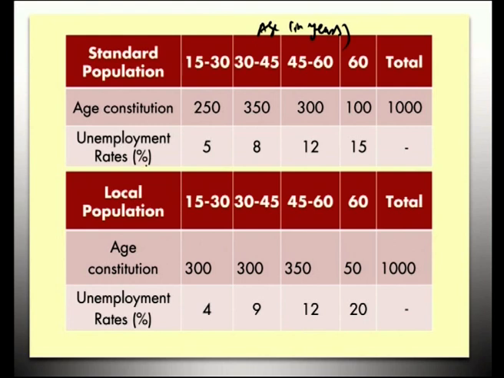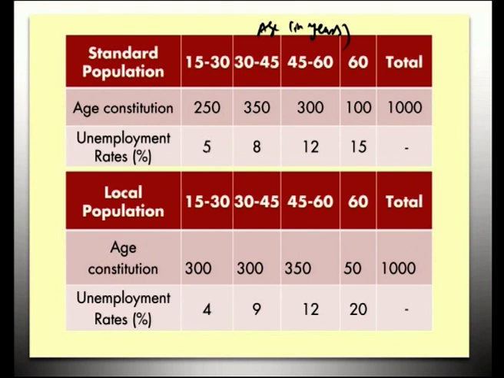is 5%. Okay. So, the age group is 15 to 30, 30 to 45, 45 to 60, 60 and this is the total. A standardized population for age constitution is 250, 350, 300, 100 and this total of the standard population is 1000 and unemployment rate is 5.